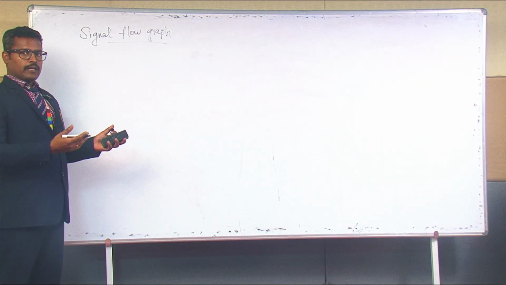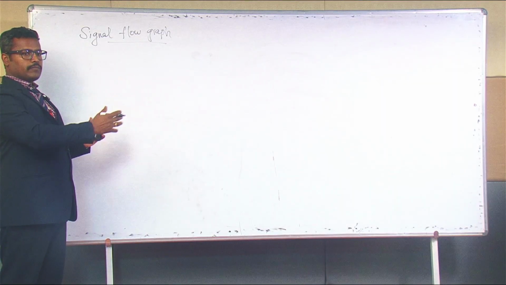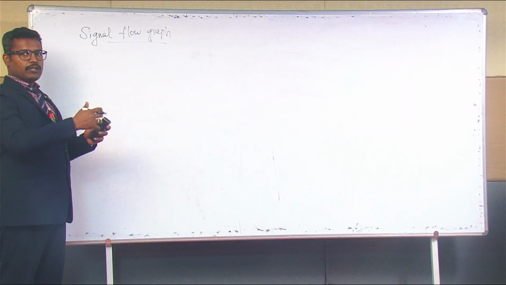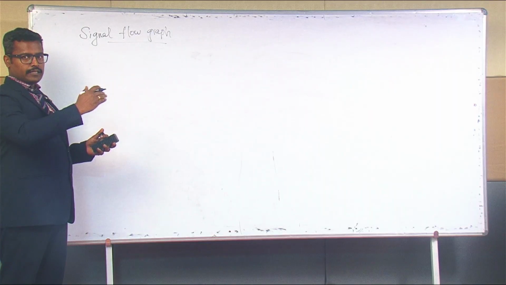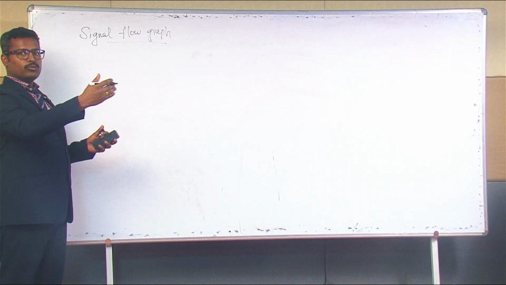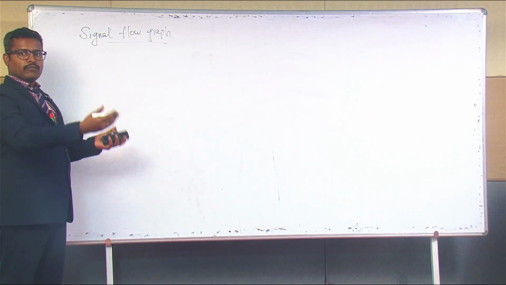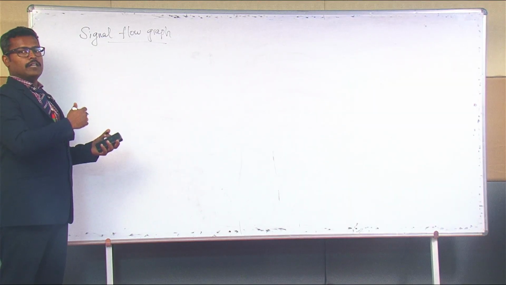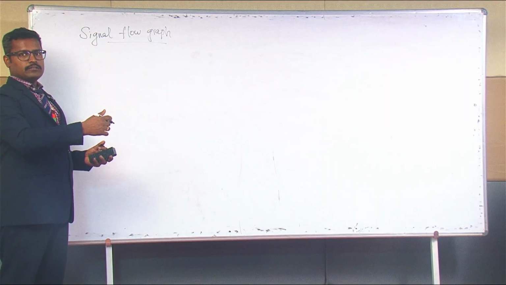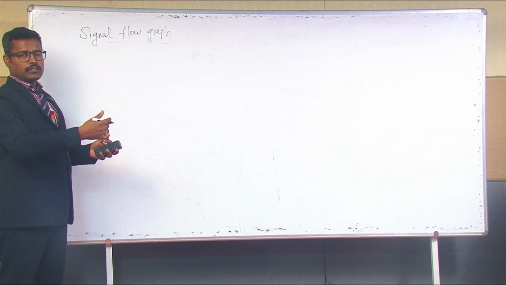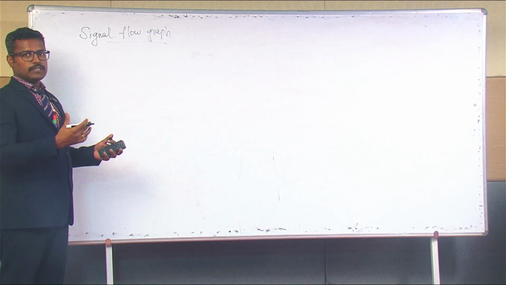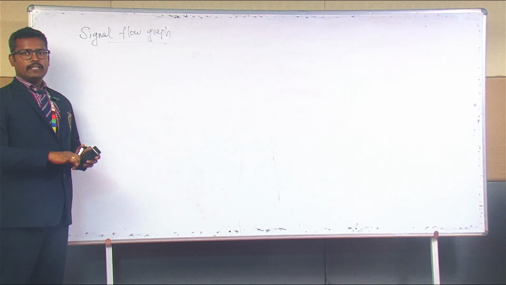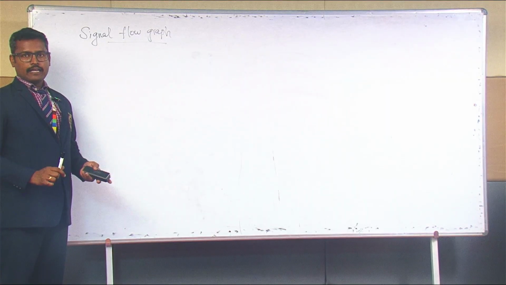So we can represent the control system in subsequent blocks. So those blocks can be removed and it can be represented by the signals from one node to another node, and we can easily represent the system in a signal flow graph rather than writing many blocks in the control system, which will be very complex and confusing to many people in the industry as well as for academic purposes.